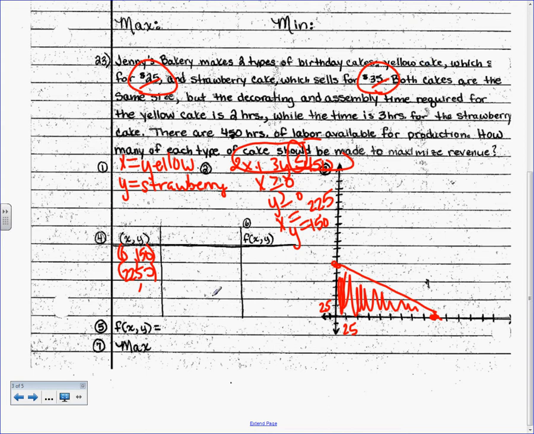How much is it for a yellow cake? 25x. How much for the strawberry? 35y. Do you guys get that? Okay? So we plug these into our equation. So plug in 0, 150, substitute, see what you get.